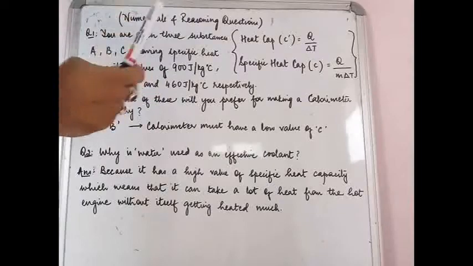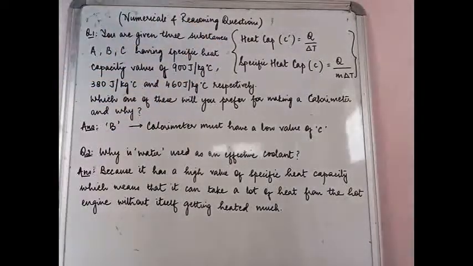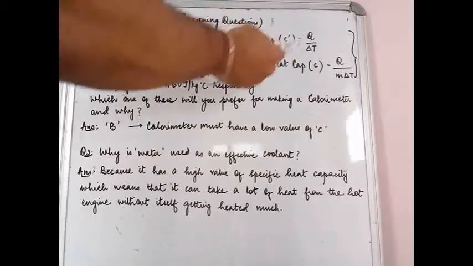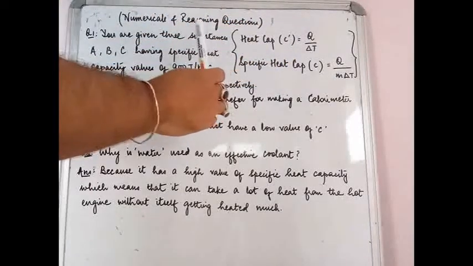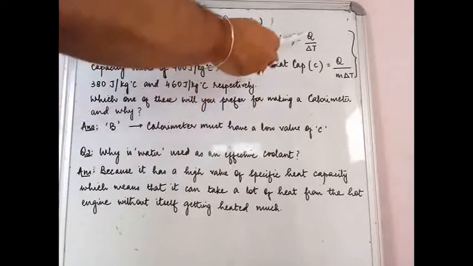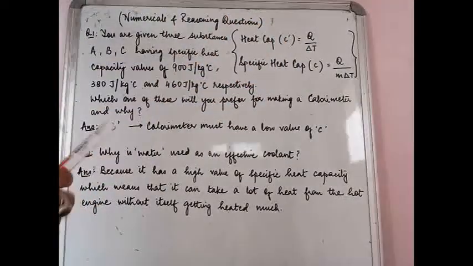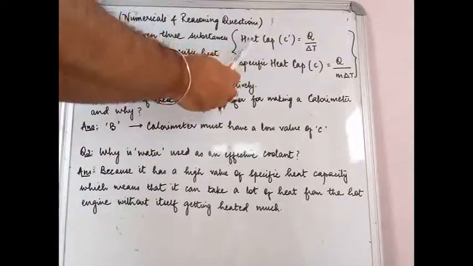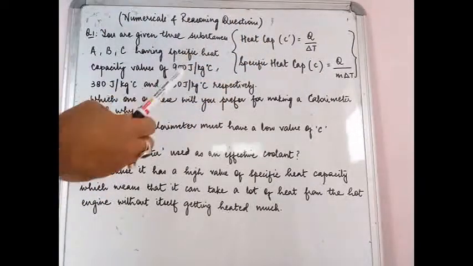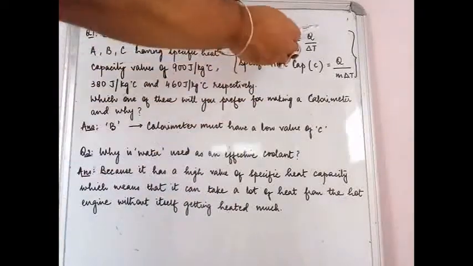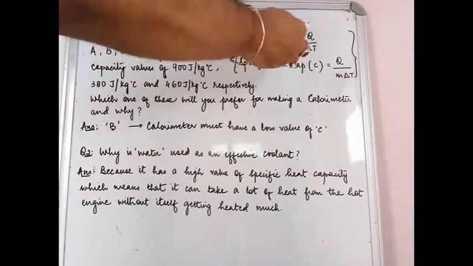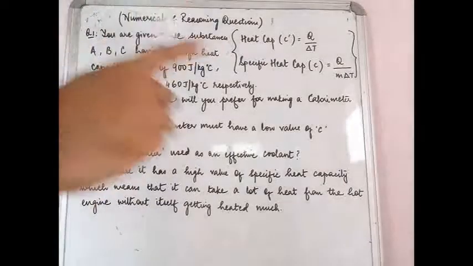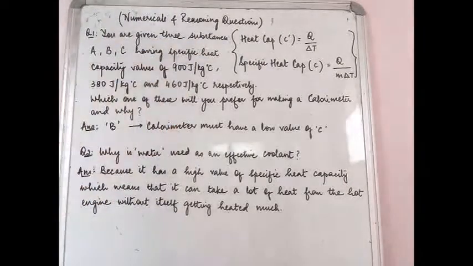Now definition wise, heat capacity is the amount of heat energy required. When I speak of the definition, follow it with the formula written over here. Heat capacity, which is C dash, of any substance is the amount of heat energy required to raise the temperature of that substance by 1 degree centigrade or 1 Kelvin.